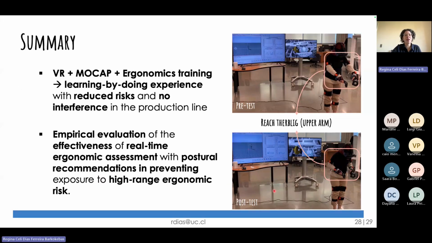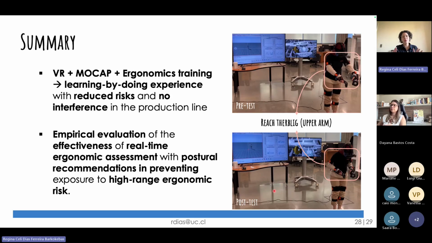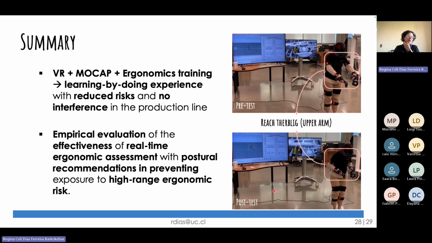So in summary, with that I finish the lecture and we can open for discussion. The integration of virtual reality with the motion capture system and ergonomics training can really provide this learning by doing experience to reduce the ergonomic risks and also reduce the interference in the production line, because we can do that in the lab.